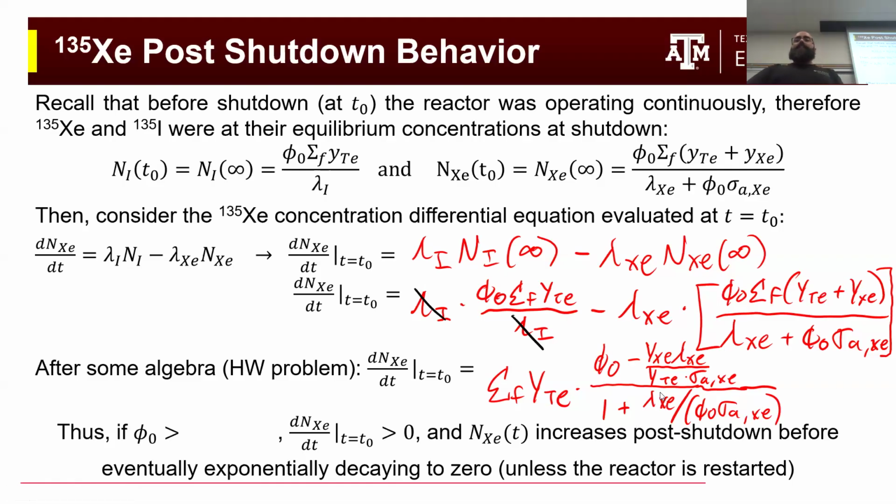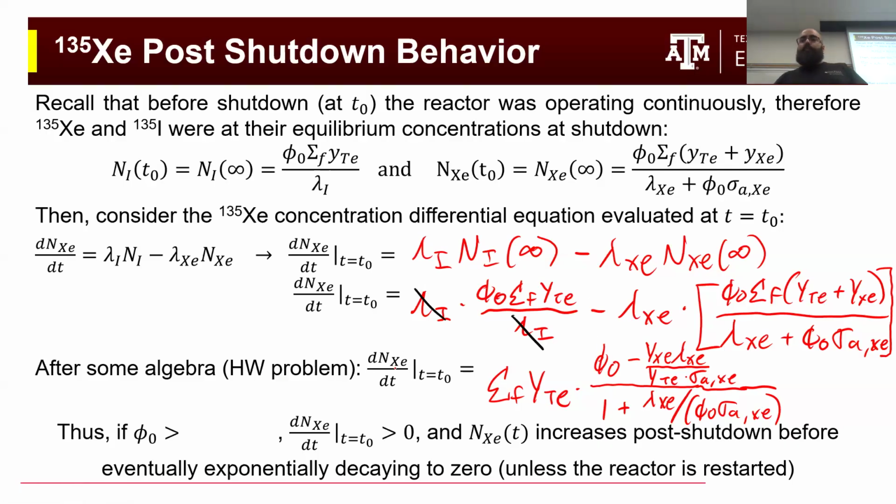Therefore, the sign of this derivative is going to be based on how phi 0 compares to this term. If phi 0 is bigger than this term, then I'm going to have a positive on the right-hand side, and therefore my derivative will be positive. And if phi 0 is less than this term, then I'm going to have a negative sign here, and therefore a negative derivative.